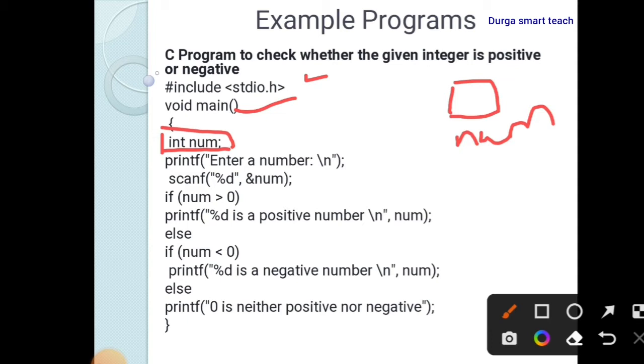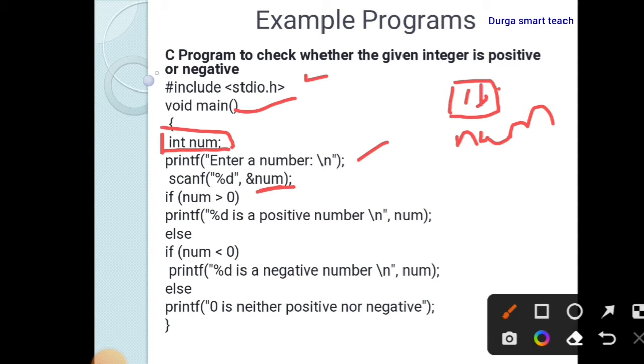Next, the printf statement. The printf statement is used to print a string or information. So here the information is enter a number. Scanf is used to read the data from the user. So whatever number is given is stored in num, that is in this location. Suppose the user gives the number 11.